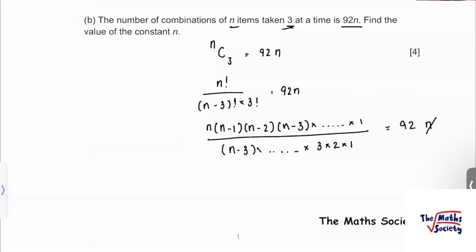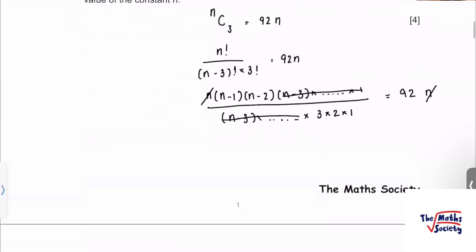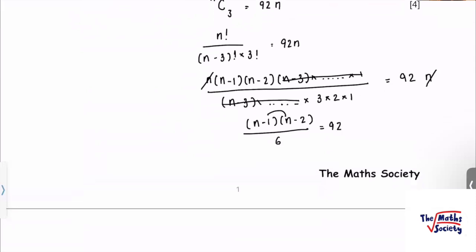So you can cancel n out with each other, and then cancel n minus 3 as well, the whole thing. You have the upper part, n minus 1, n minus 2, divided by 3 times 2, which is 6. That's equal to 92. And you solve this, which is n squared minus 2n minus n plus 2, divided by 6, equal to 92.